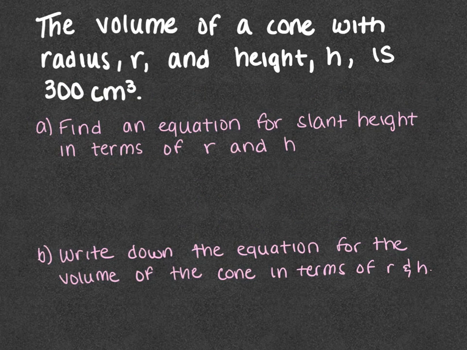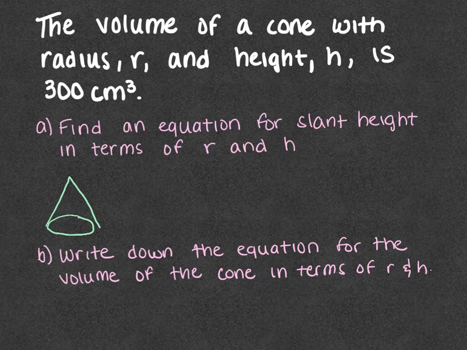All right, so this example should look really familiar. We're trying to find the volume of a cone with radius r and height h. The volume is 300 centimeters cubed. So first, they want us to find an equation for slant height of the cone in terms of r and h. This goes way back to first semester of junior year, where we did all this geometry stuff.